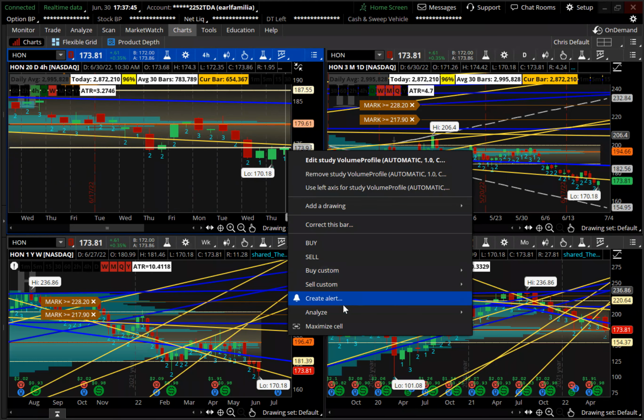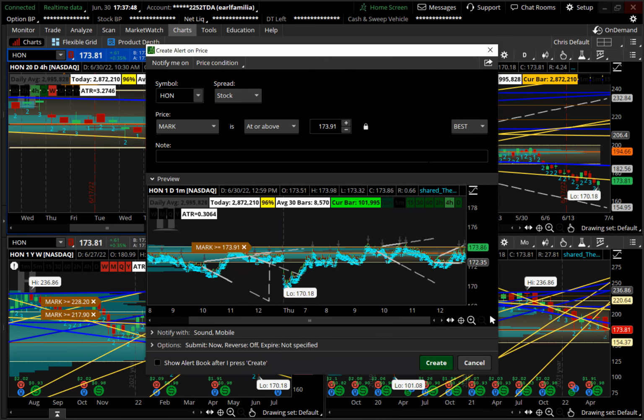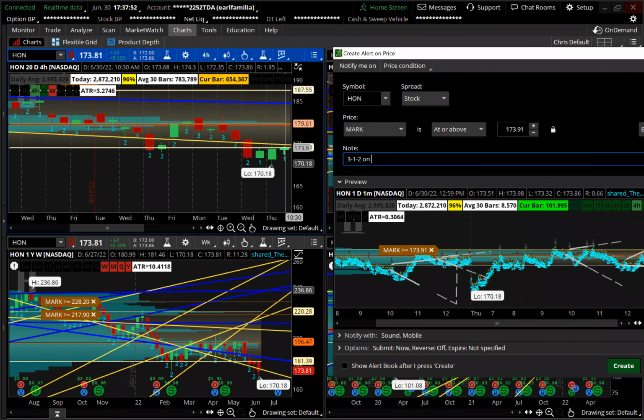I'm gonna drop an alert just to see what that price action looks like. 312 on the 4-hour. $174.30. 174.